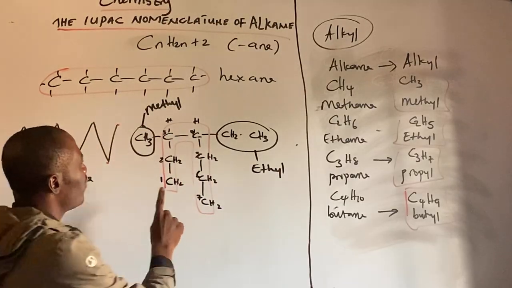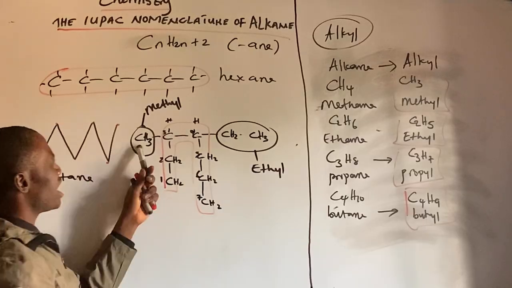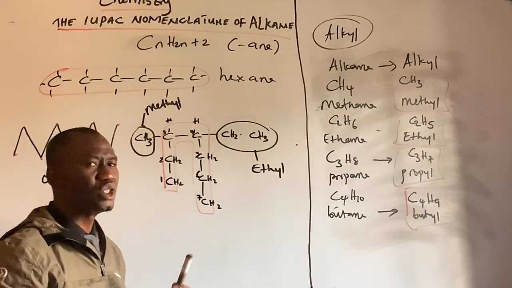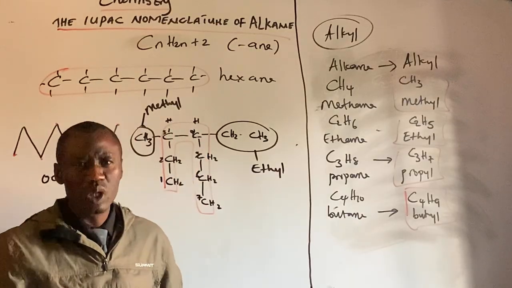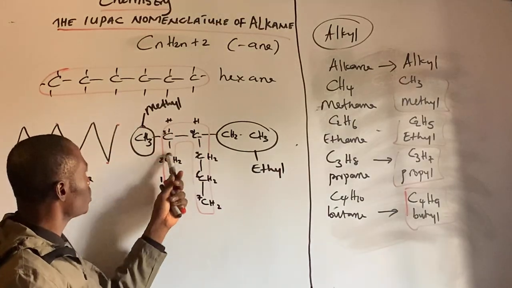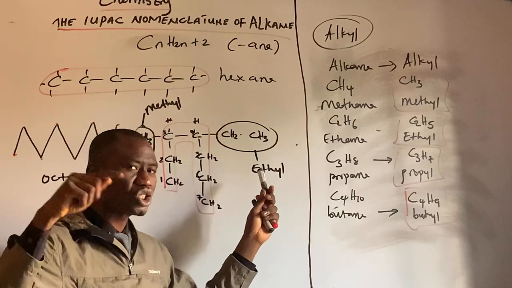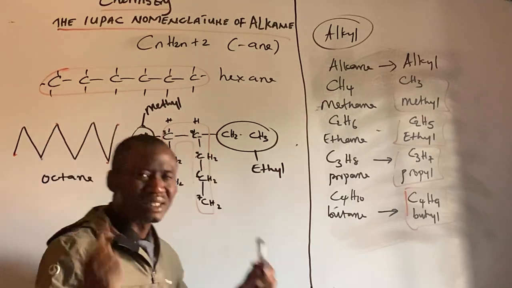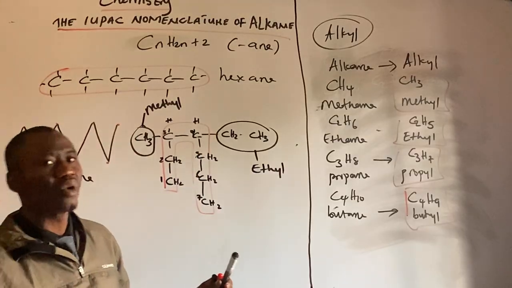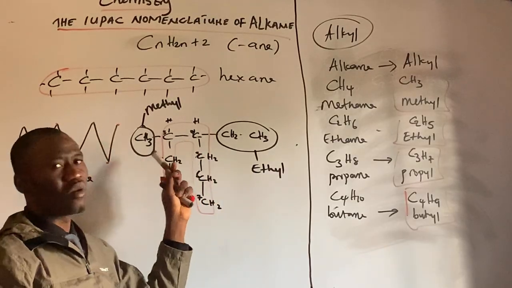But if you count from here, you're going to give an advantage to methyl, so that methyl has 3. We need to give the substituent the lower number. That's what we're looking for. But when we count like this, 1, 2, 3, 4, ethyl, which comes before M, has 4. But over here, methyl will become 5, which we don't want.